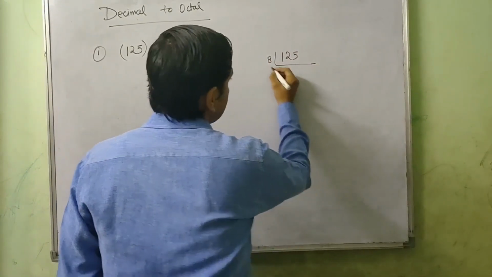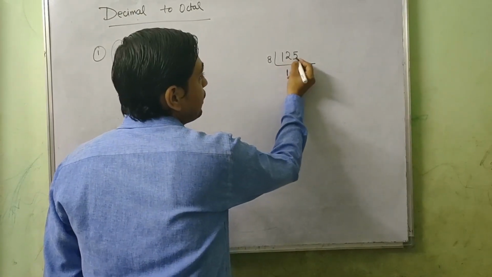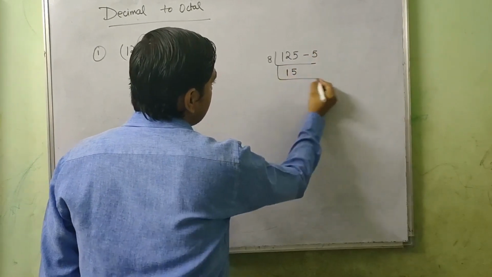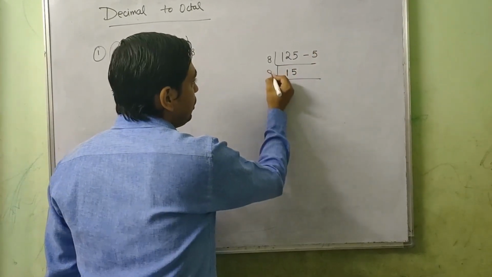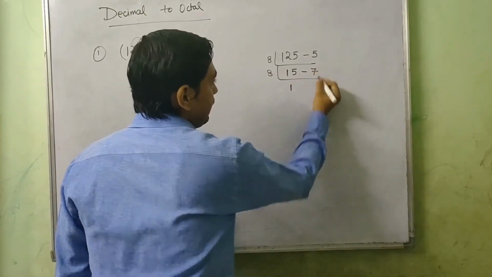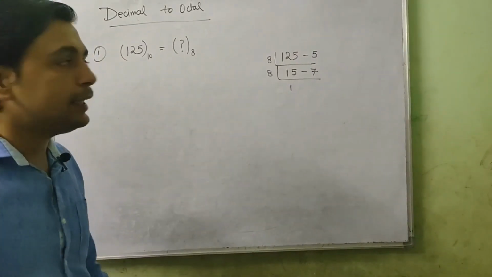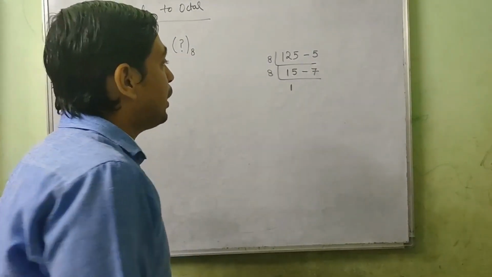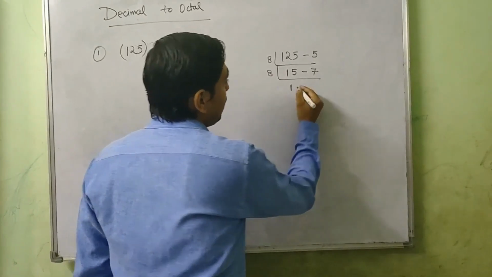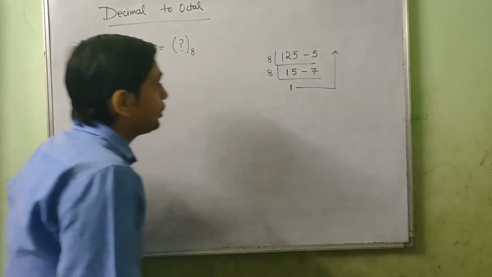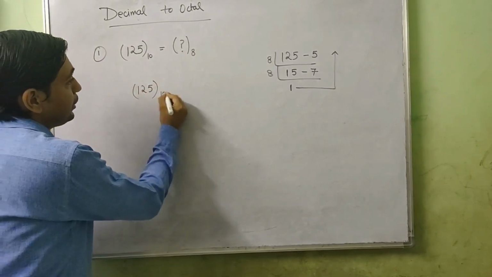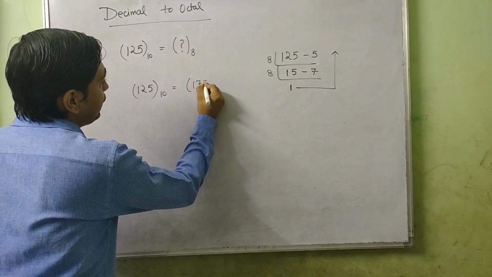So 8 ones are 8, 4 will come here, 45, 8 fives are 40, so the remainder will be 5, 8 twos are 16, so 8 ones are 8, and hence you will get 7 over here, right? 8 plus 7 is 15. Now you got a number which is smaller than the base, so you will stop here, and now from bottom to top you will note it down. So 125 in decimal is represented as 175 in octal.